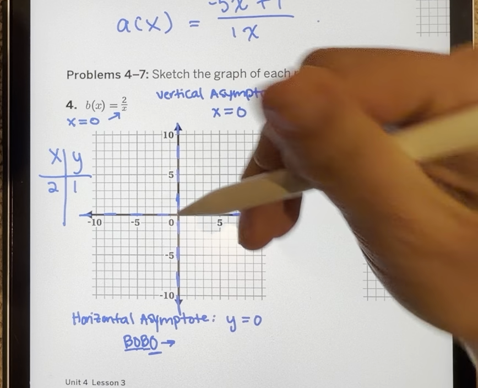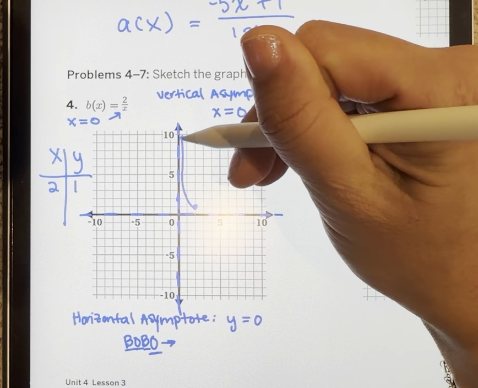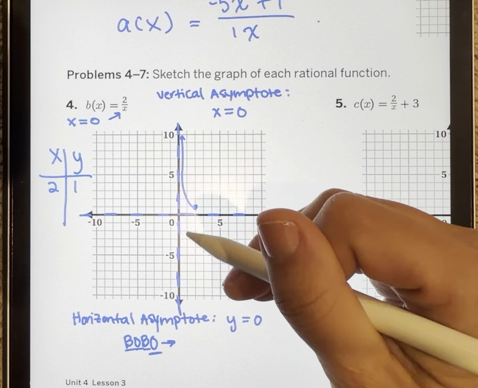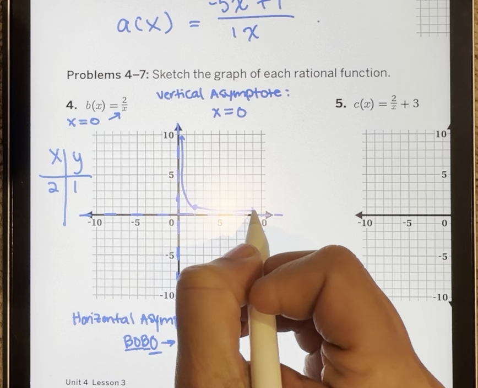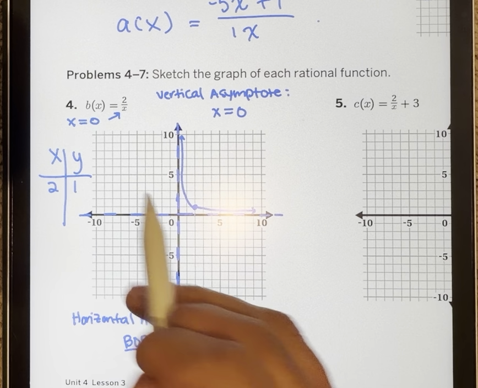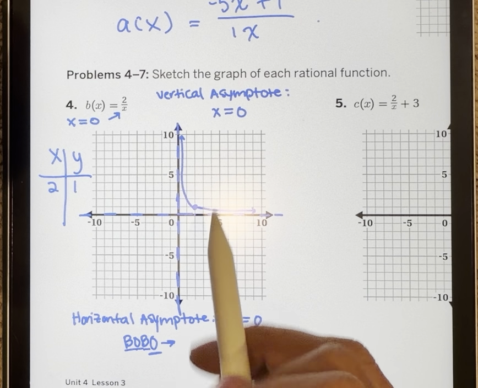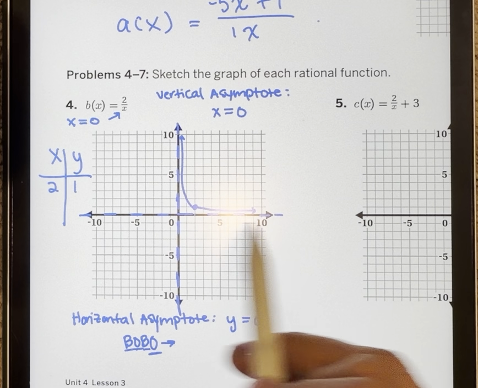That right there tells me that I'm going to approach this asymptote this way because I'm up. I can't go through this asymptote, so I can't go that way. And then I'm going to approach this asymptote this way, and that's the curve. All right? So just finding one table value can tell you where to draw the curve right there. So now I know what's happening on the positive side.